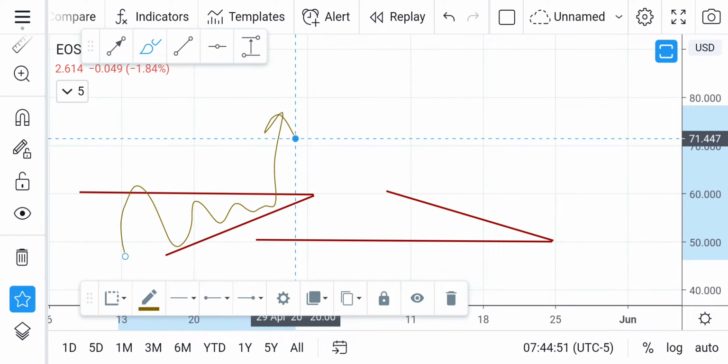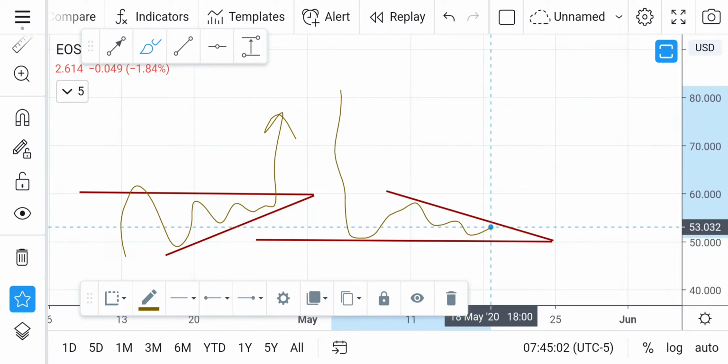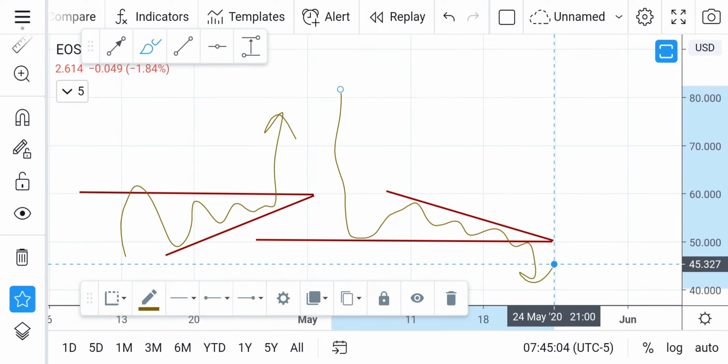So price is making higher lows into resistance for ascending triangle, and price is going to be making lower highs into support for descending triangle. So let's talk about the rising and falling wedge.